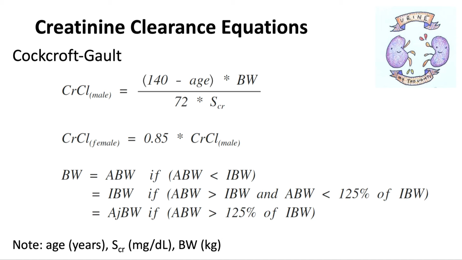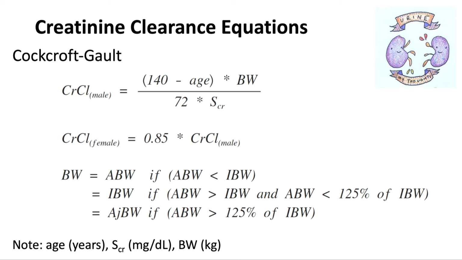What happens if their actual body weight is above their ideal body weight, but less than 125% over ideal body weight? And here's where we're drawing a line in the sand. We're saying that if you're more than 125% over your ideal body weight, then that's getting into a degree of obesity, a degree of extra adipose tissue that could inaccurately affect our calculation for the creatinine clearance.